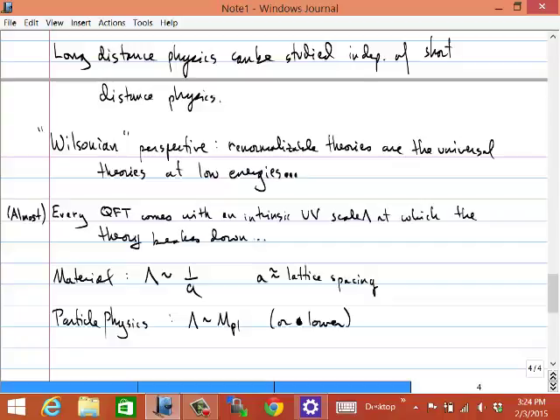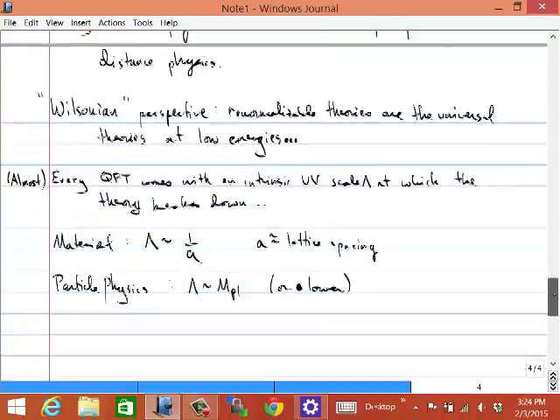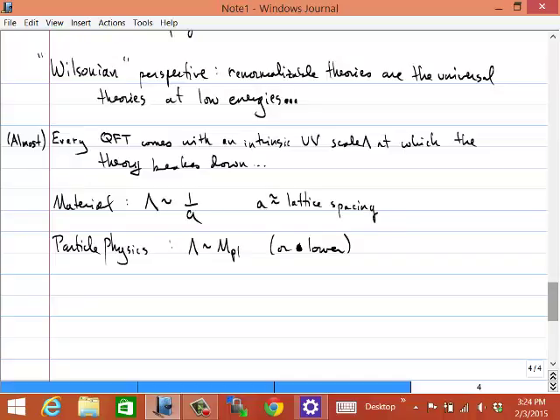But in any case, what we want to do is try to use quantum field theory not to study the physics up at this intrinsic scale where the field theory breaks down, but really we are going to be interested in physics at scales, say momentum scales, which are far below this UV cutoff.